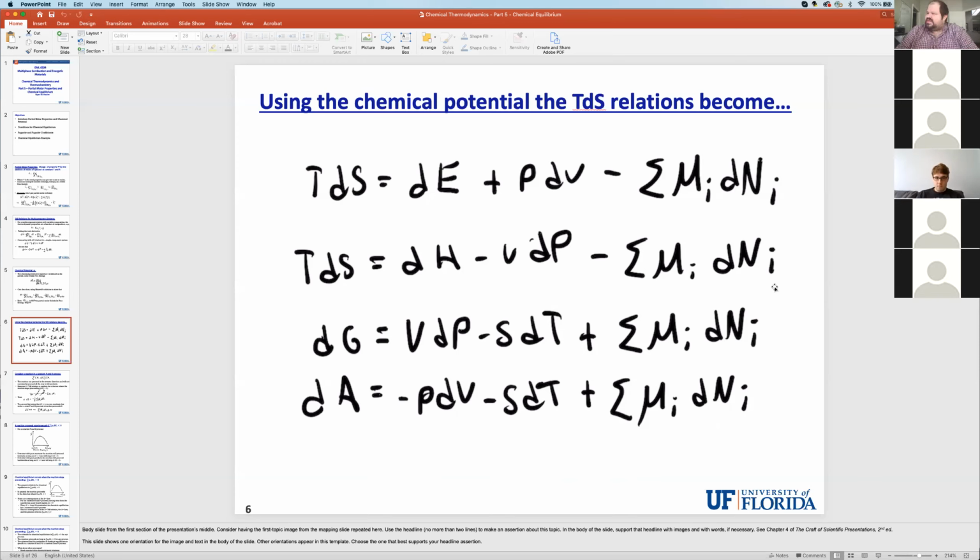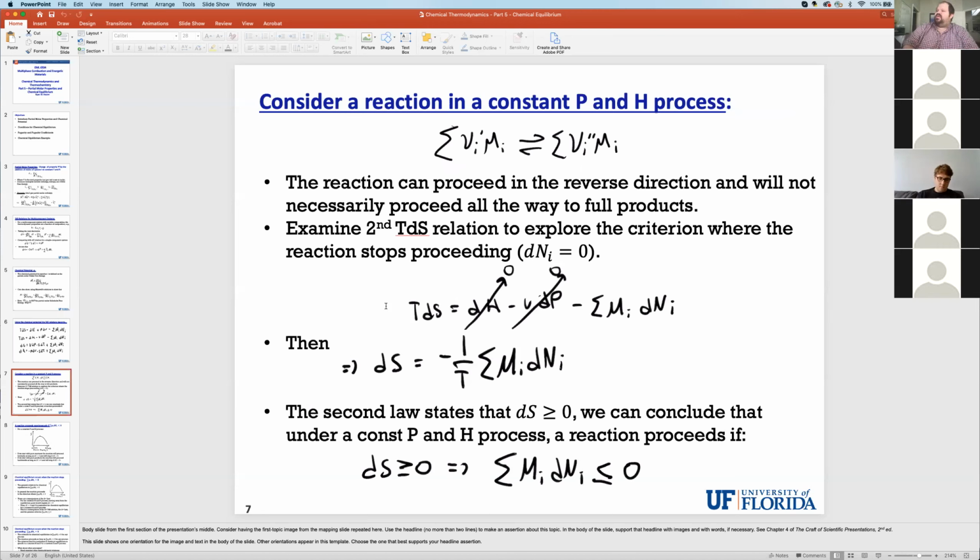These are all valid and you can use either one you want, but if you hold two variables constant, typically one of them will be easier to work with than the others. If you work with the second TDS relation here, two of the terms drop out, and we only have TdS equal to minus the sum of the chemical potentials of all the species times dni.